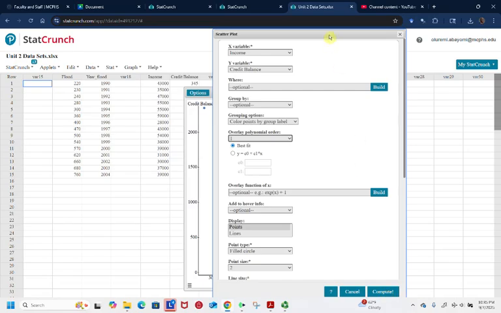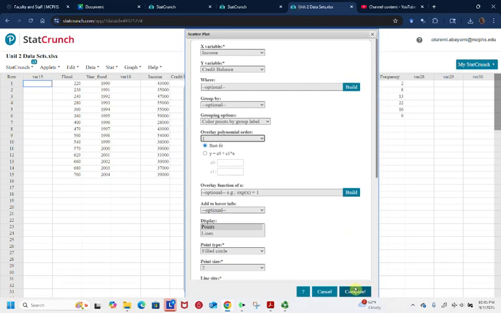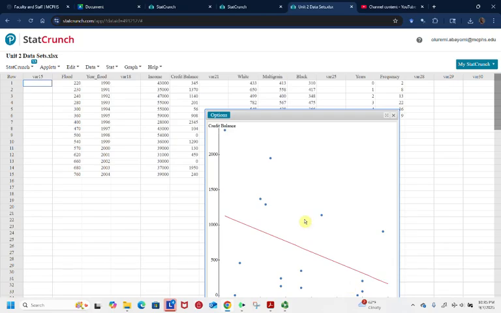So let me pull this up and let's go to compute. I have a trend line. So this suggests a somewhat negative linear relationship between the two variables. In subsequent chapters, we're going to delve a little bit deeper into this and see how to do some in-depth analysis in simple linear regression.